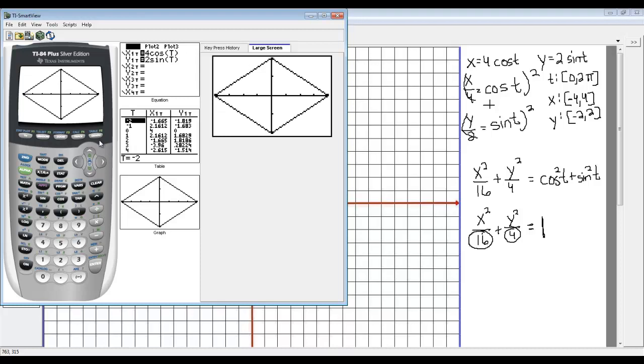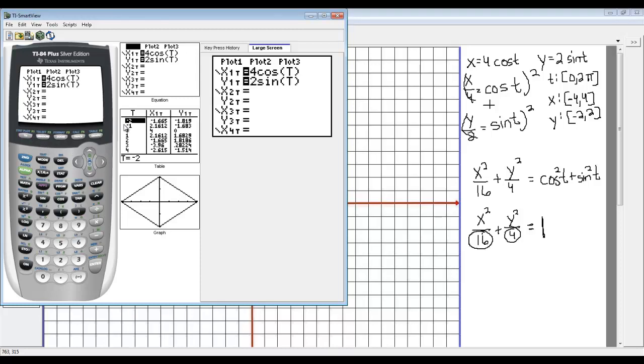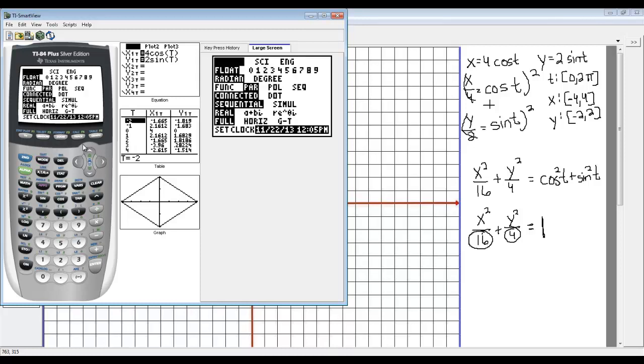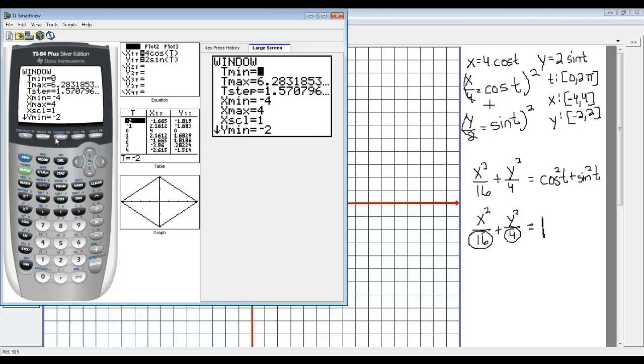So graph. Okay, that's not looking quite right. I didn't quite put something in right. 4 cosine t, 2 sine t, and let's make sure that, oh, go back, let's put our mode in radians. It is, okay. We're in parametric. Now in my window, T min is 0.